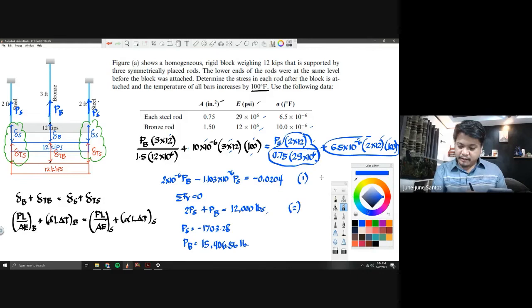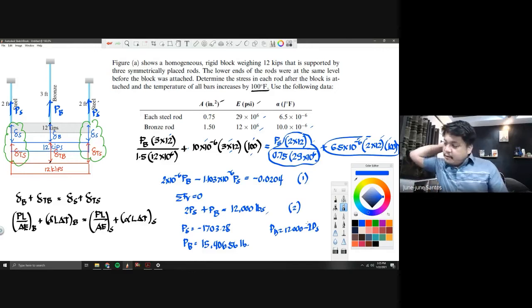Okay. Try akong iba. So we can have it as PB is equals to 12,000 minus 2PS. 2x times 3 times 12 all over 1.5 times 10 to the 6 plus 10 times 10 to the negative 6 times 3 times 12 times 100 is equals to x times 0.75 times 29 times 10 to the 6, plus 6.5 times 10 to the negative 6 times 2 times 12 times 100.